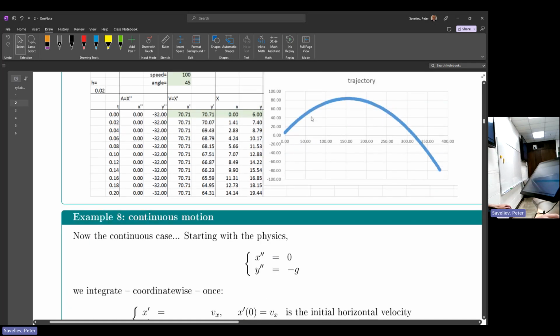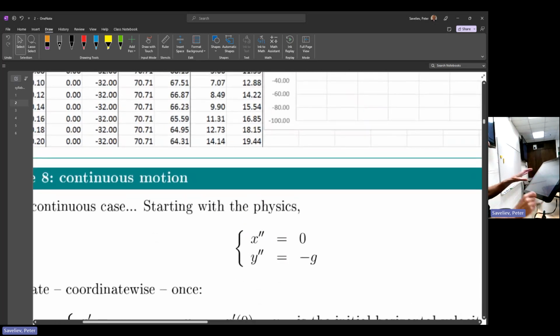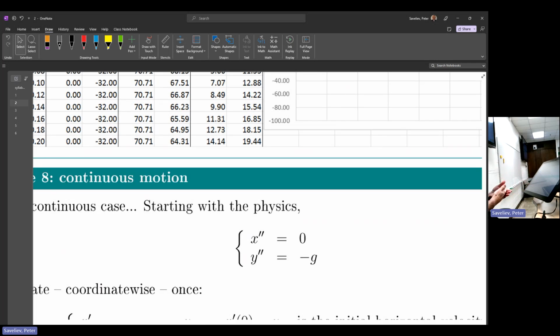Okay, so if we go into the continuous case, it's really very simple. Let's run this quickly. That's all. The whole problem is right here. x double prime is 0, y double prime is negative g. Okay, and then we integrate. From x double prime, we find x prime. What's x prime?